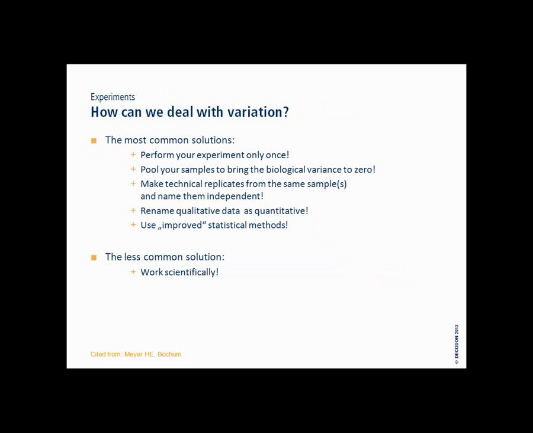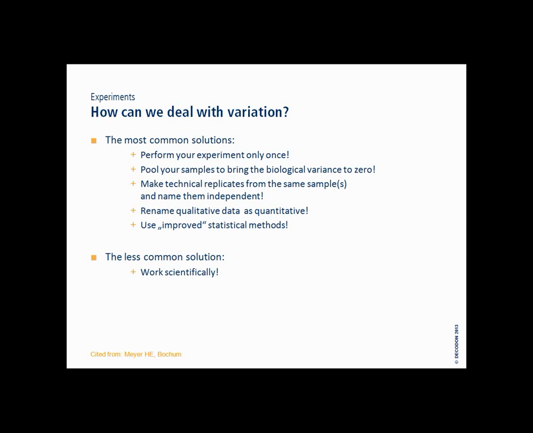How can we deal with this variation? Professor Meyer, coming from Bochum, once told us that the most common solution in the world is that experiments are performed only once. We don't run replicates, we don't have certain variations if we just have one value for each parameter. Then, of course, you can bring the biological variance to zero if you pool your samples.